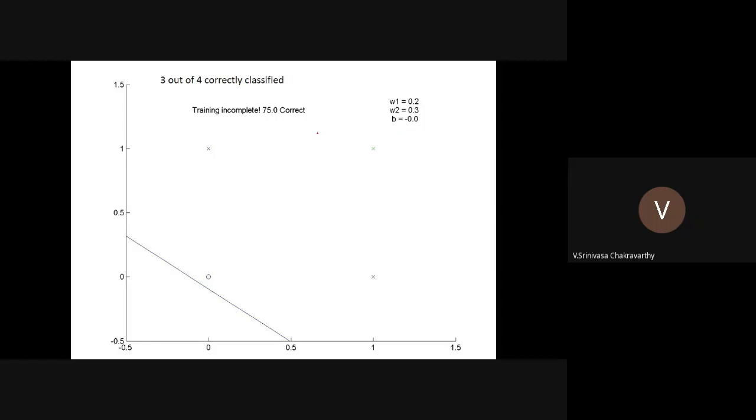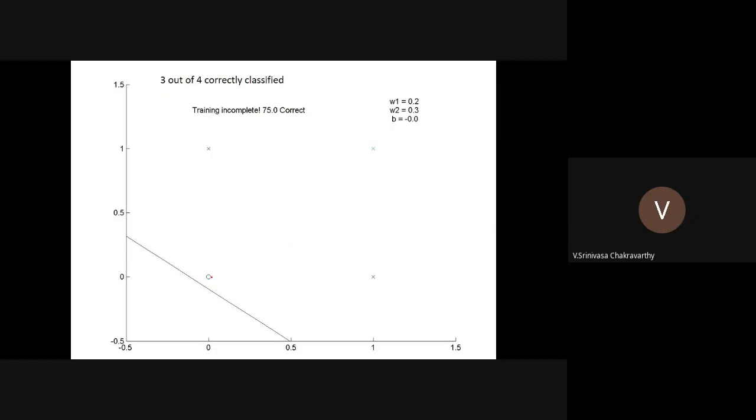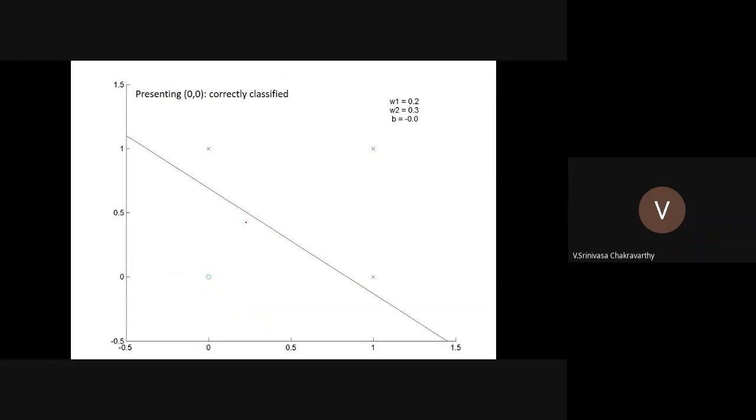Out of 4 data points, it correctly classified 3, so accuracy is 75%. But that's still not 100%, so you have to go over them again. Again present the first point, 0, 0. Now it is wrongly classified, so you have to update the weights. Because of that, the line suddenly jumped to this point.